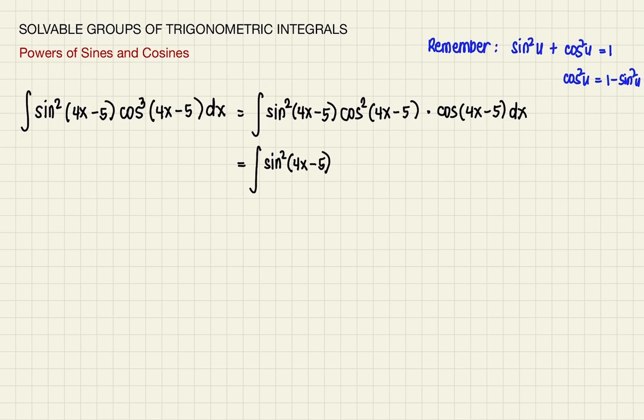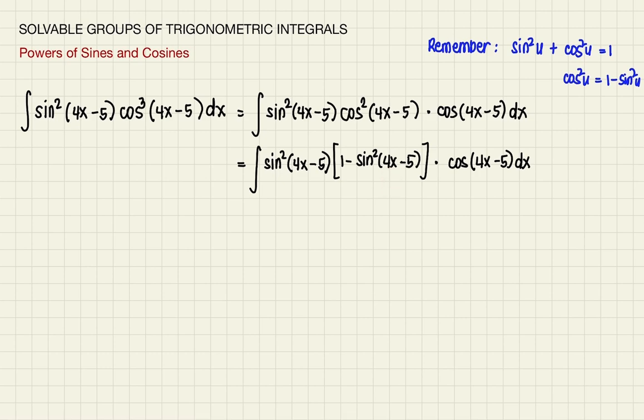Okay? So this cosine squared of 4x minus 5 is equivalent to 1 minus sine squared of 4x minus 5. And then copy cosine of 4x minus 5 dx. So what we have here, we have cosine 4x minus 5, and everything else here is already expressed in terms of sine.